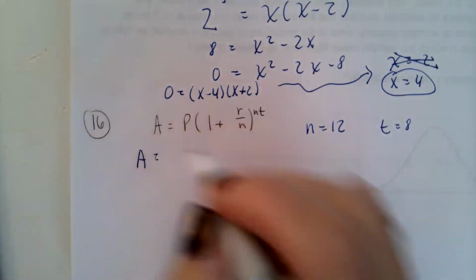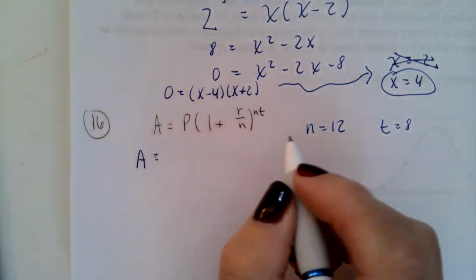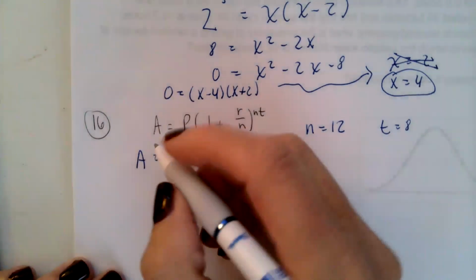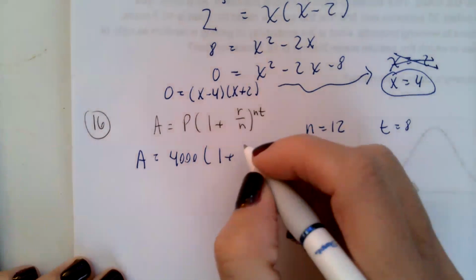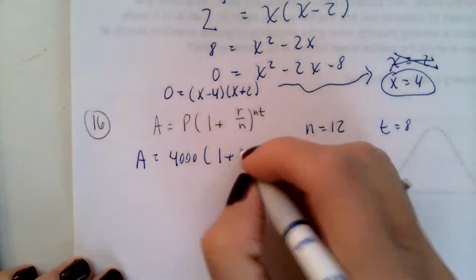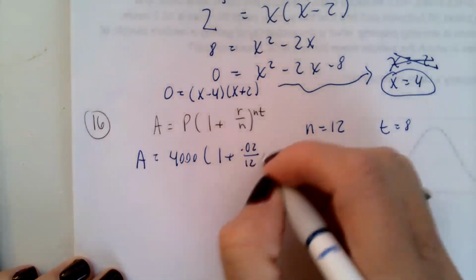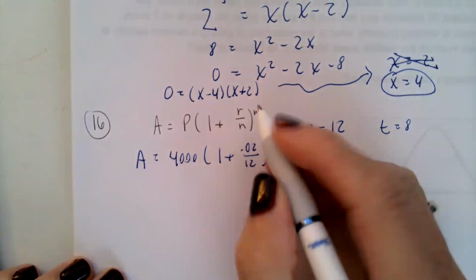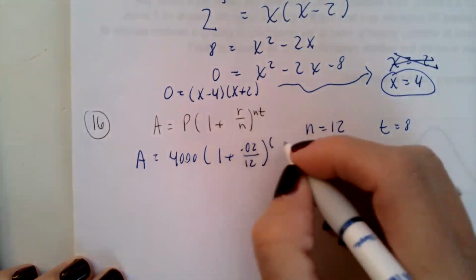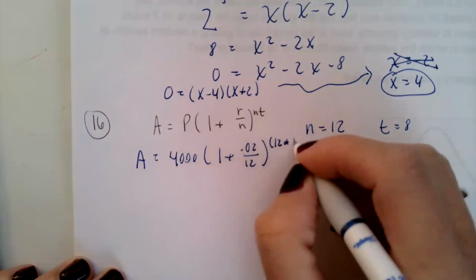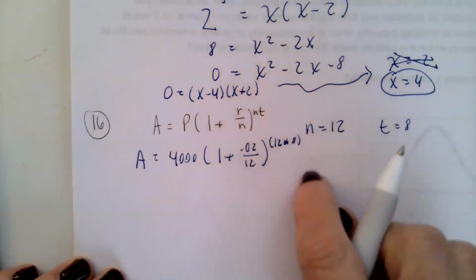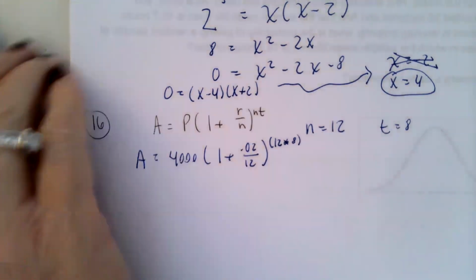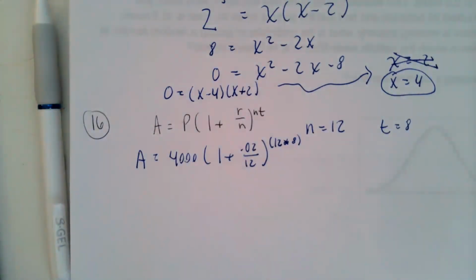So I want to know the balance in my account. That's A. If I start with $4,000 and my rate that they're giving me is 2%, so 0.02 divided by the 12, raised to n times t. And in Desmos, you have to make sure that you multiply these in parentheses, or else it will maybe move one of the numbers down here. So I'm going to show you how this is typed in Desmos right now.